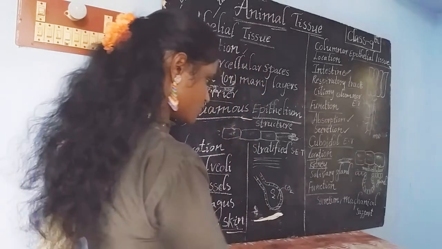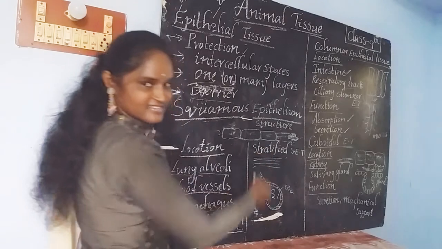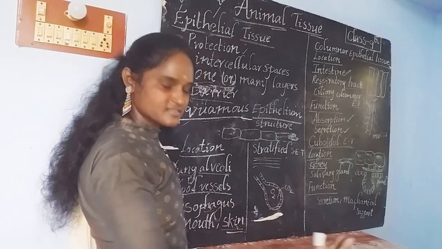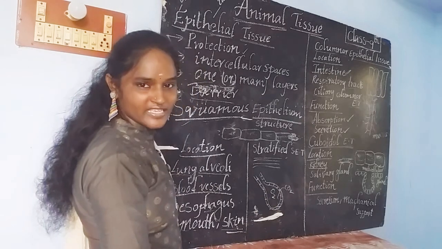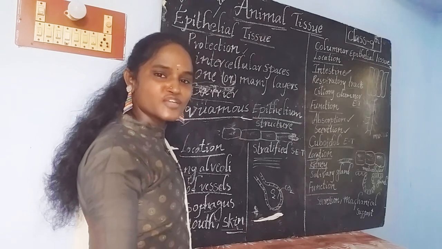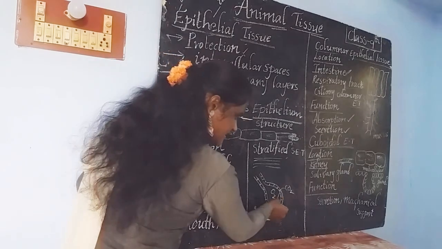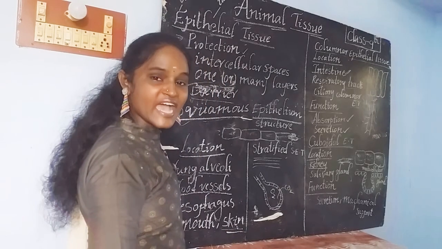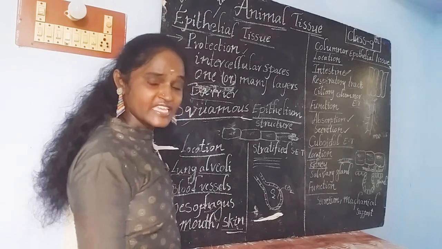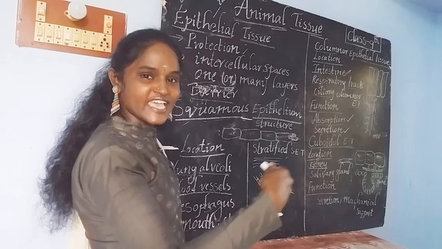If you see the structure of alveoli, it looks like a small sac. Our lungs contain numerous such sacs. That's why we call it the structural and functional unit of the lung, as it involves in the function of gaseous exchange.